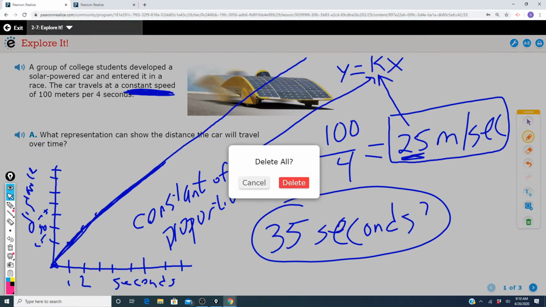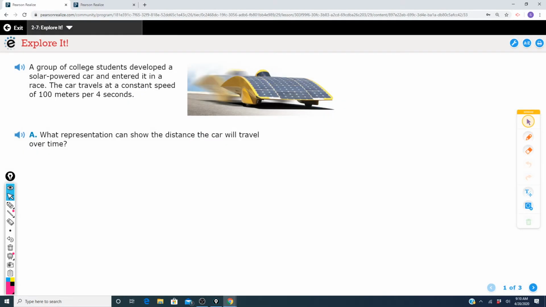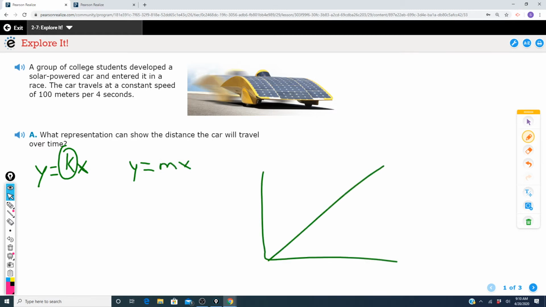And here's where we have to then say, a constant speed, y equals kx, you have to bridge this and realize that k can also be the slope of that graph we create.